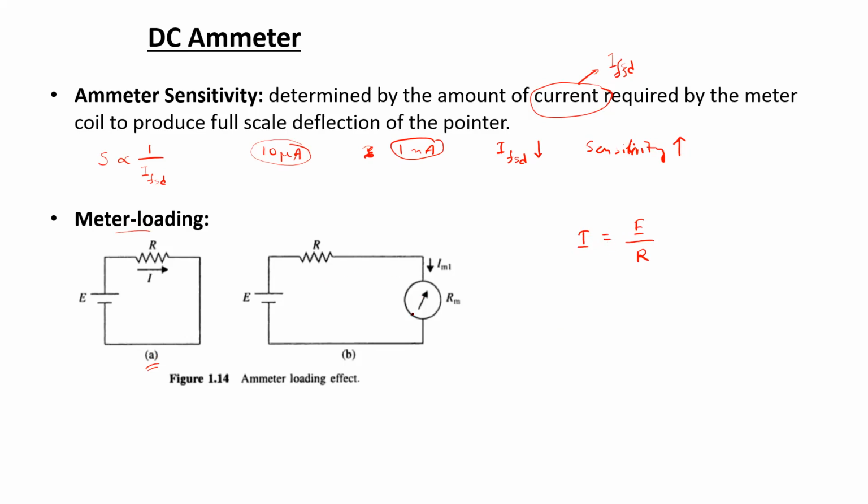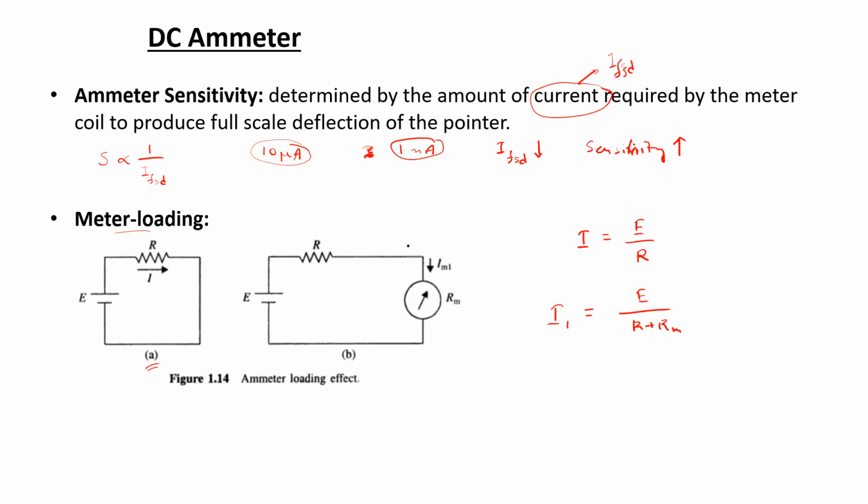Now, when we connect the ammeter in series, the resistance of the ammeter would get associated in the calculation. Let's say now instead of measuring I, we are measuring I1, which is E divided by R plus Rm. So the resistance of the meter arrangement also gets added.